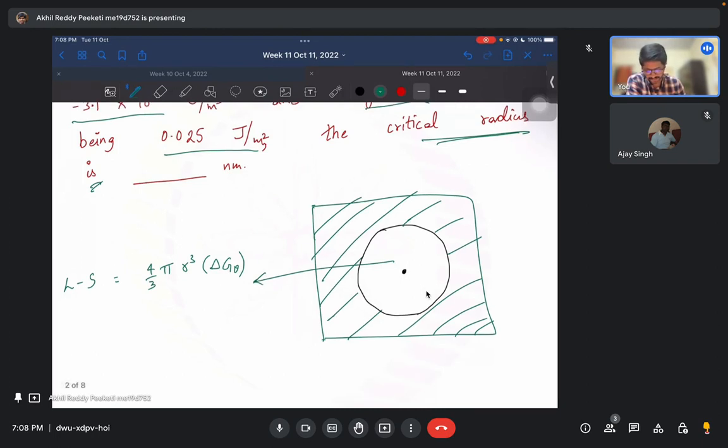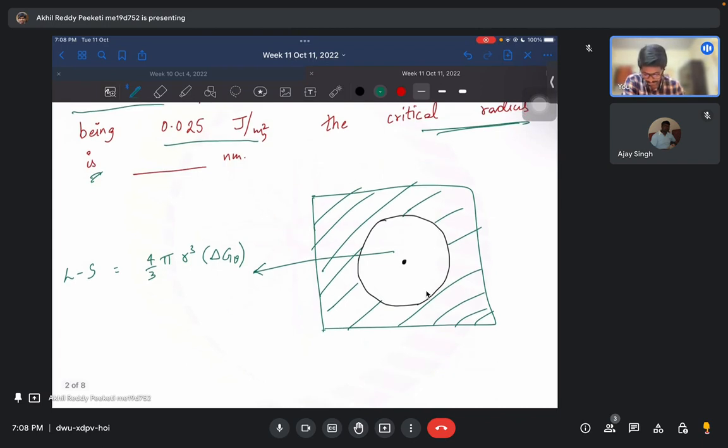And because the surface is forming, there will be energy due to the surface also. So that would be 4 pi r square gamma, where gamma is the surface energy per unit area. Now the total free energy change, because of going from liquid to solid and due to the formation of this surface, will be the addition of these two.